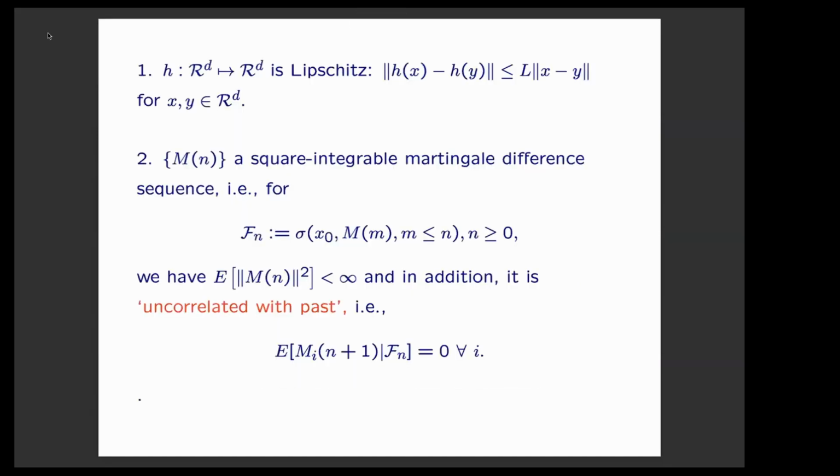So I'll make some standard assumptions. h is Lipschitz. M_n is assumed to be a martingale difference noise. It means it is uncorrelated with the past, in the sense that the one step conditional expectation of each component, given everything you know up to n as captured by the sigma-field F_n, is 0.